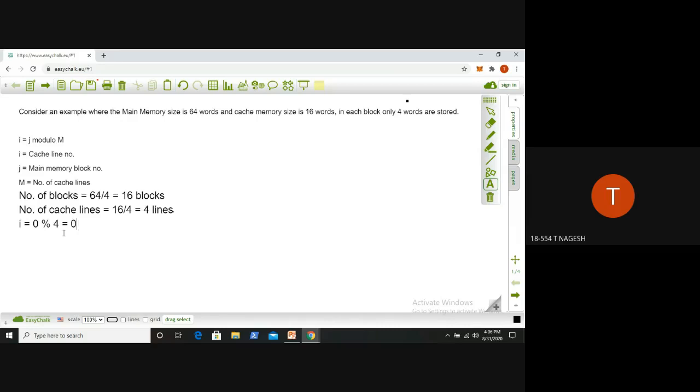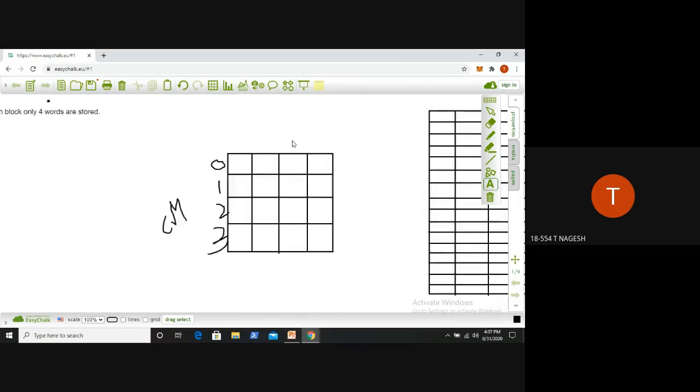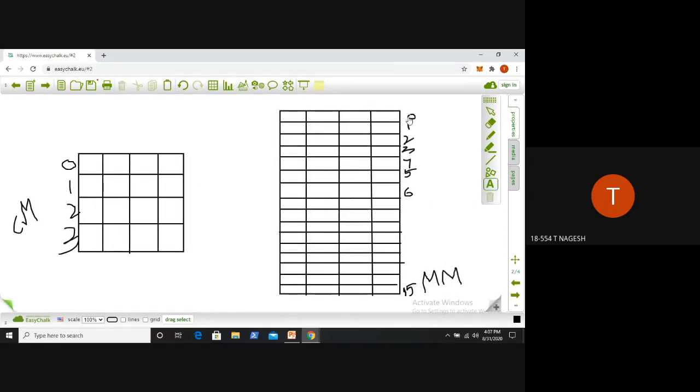So that means the zeroth block in the main memory will reside on the zeroth line of the cache memory.